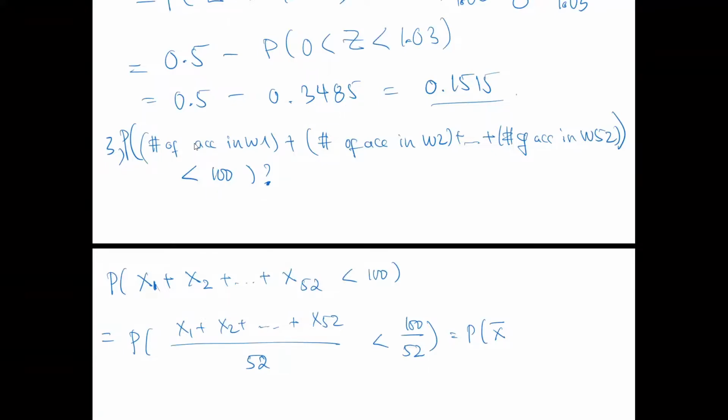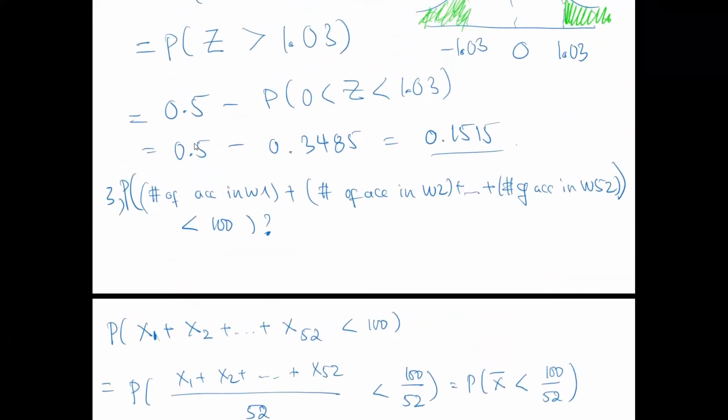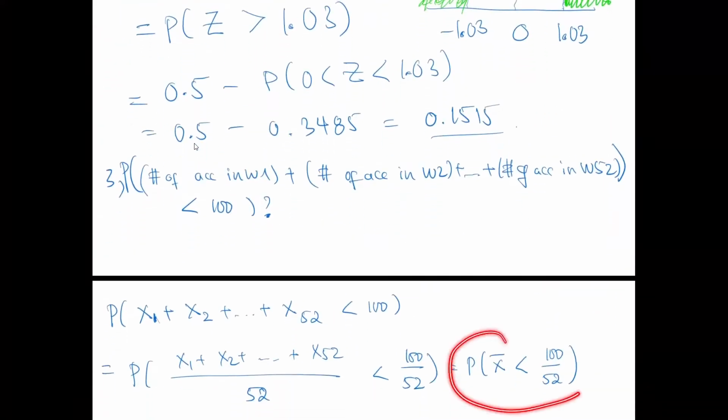If you take the total and divide it by the number of observations, then you have the mean. And what is the chance that X bar is less than 100 divided by 52? Does this look familiar to you? We just did something similar here, right? These are the same problem, just different numbers.